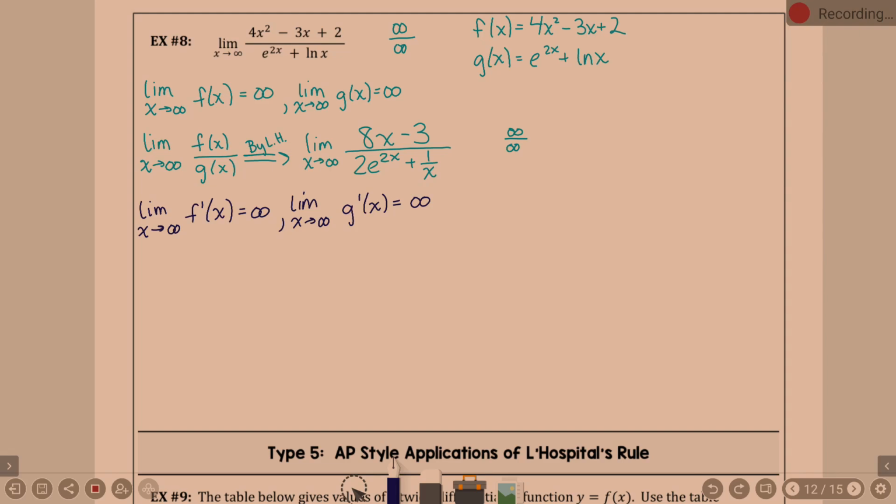So the limit as x approaches infinity, previously it was f prime over g prime. Okay, guys. Oh, I just wrote that in a different spot. Oh, well. By L'Hopital's, it's the limit as x approaches infinity.